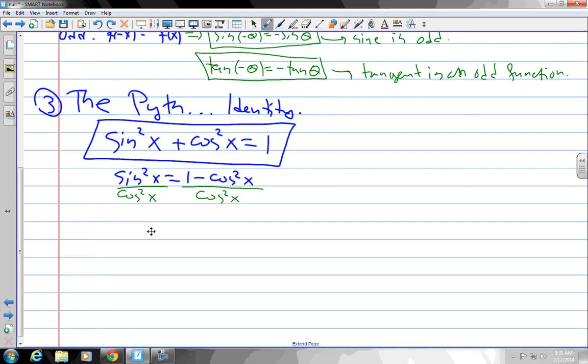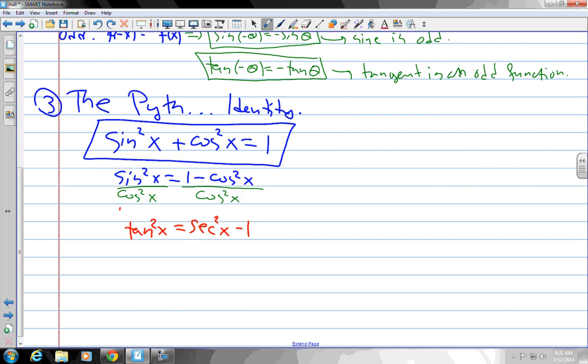Sine over cosine is tangent, so tangent squared x equals 1 over cosine is secant, so that's secant squared. Cosine squared over cosine squared is 1, minus 1. Okay, so that's another identity.